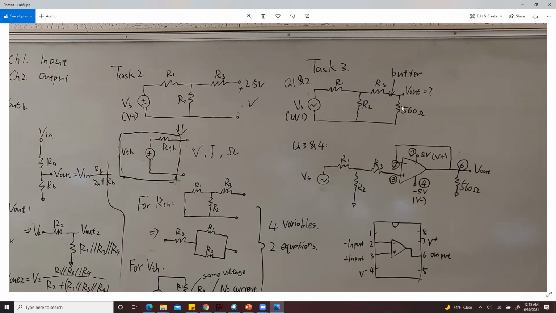This is a circuit from task 2, and the only change is that you used a DC voltage in task 2, and you will use an AC voltage in task 3. You put a 516 ohm resistor as output, and then you measure the output voltage.